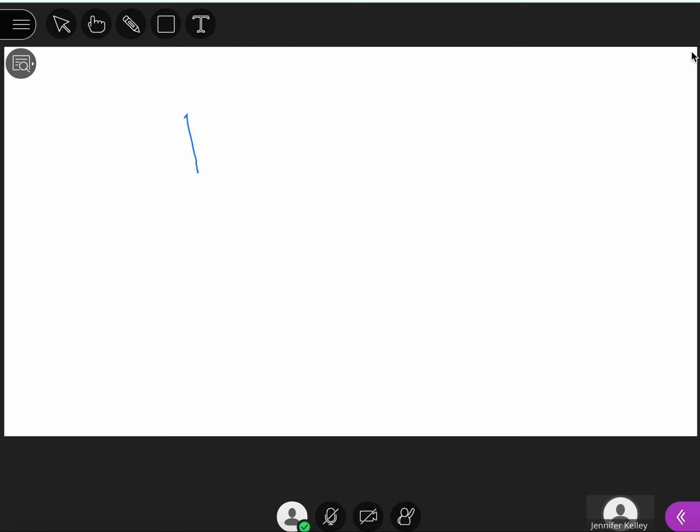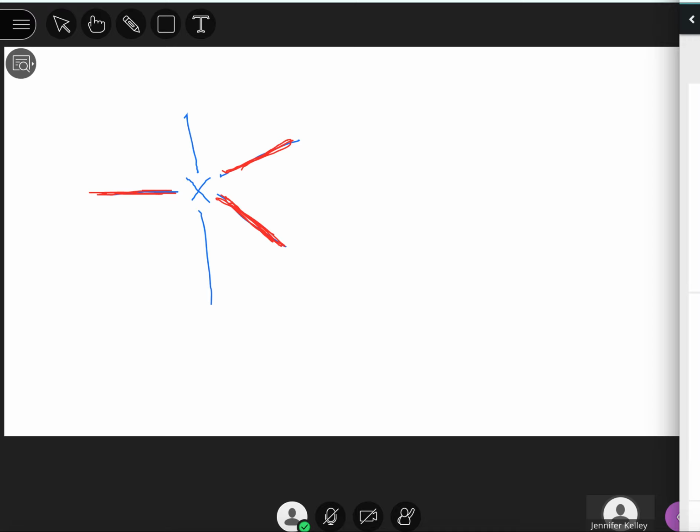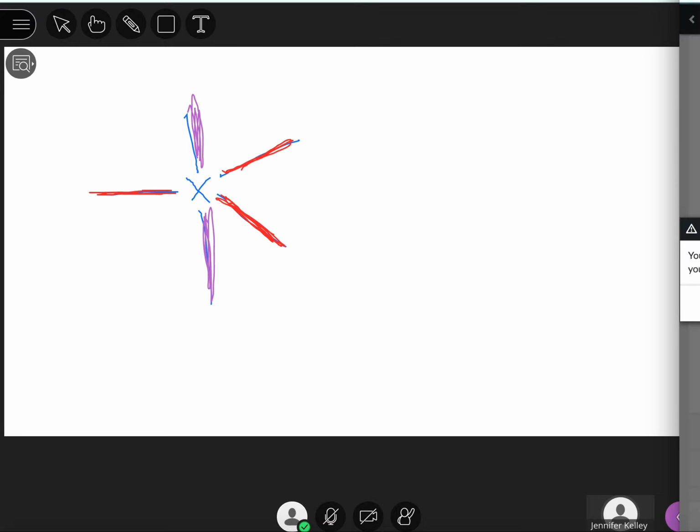So we've got some atom here. And these 3 are in the same plane, just like before when we had something that was trigonal planar. And then this and this are directly above it and below it.